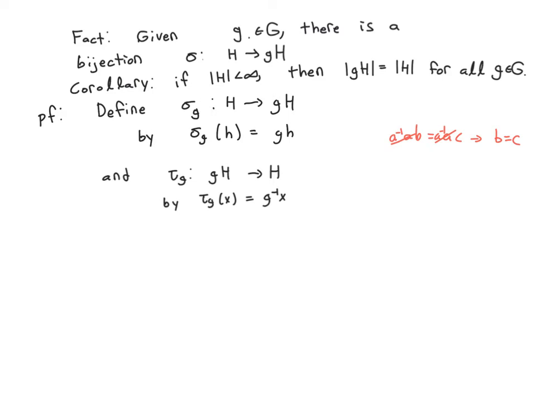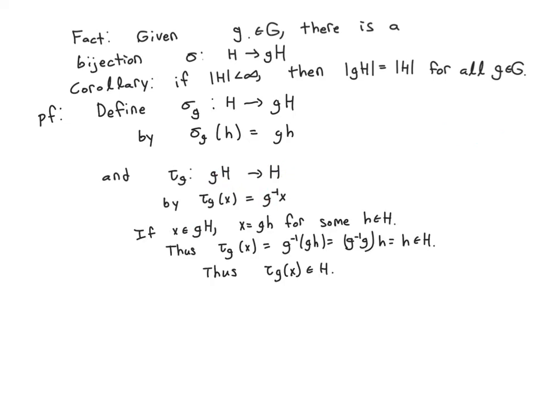There's one obvious question that I need to check. Is this really the right codomain for this function? Given an element in this coset, if I multiply it on the left by G inverse, do I really get an element in H? Well, let's do the sanity check. If X is in the coset, then X factors as G times H for some H in the subgroup.